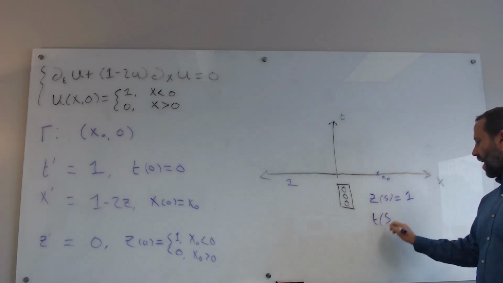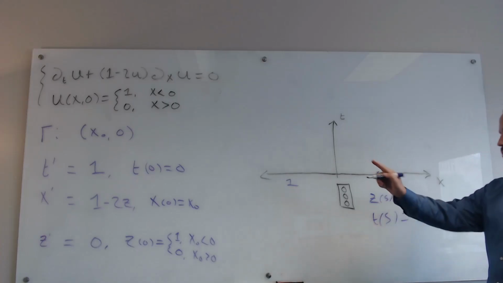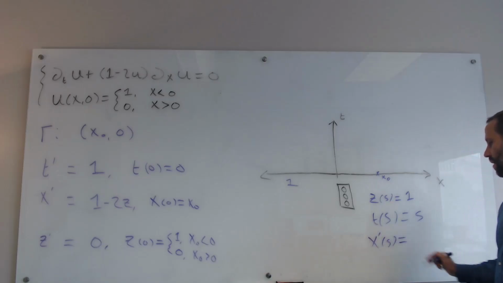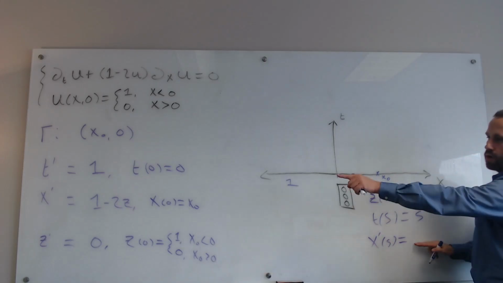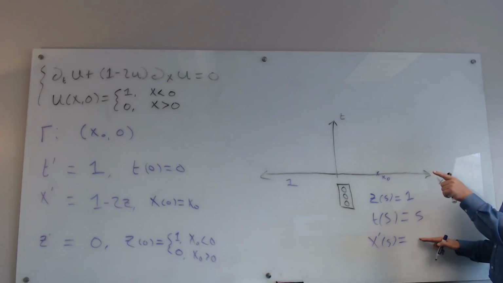Even before I did that, I knew that t of s is going to be equal to s. And now x prime is going to be a little bit more complicated than last time. X prime of s is 1 minus 2z. Z is equal to 1. So x prime of s over here we have 1 minus 2z.